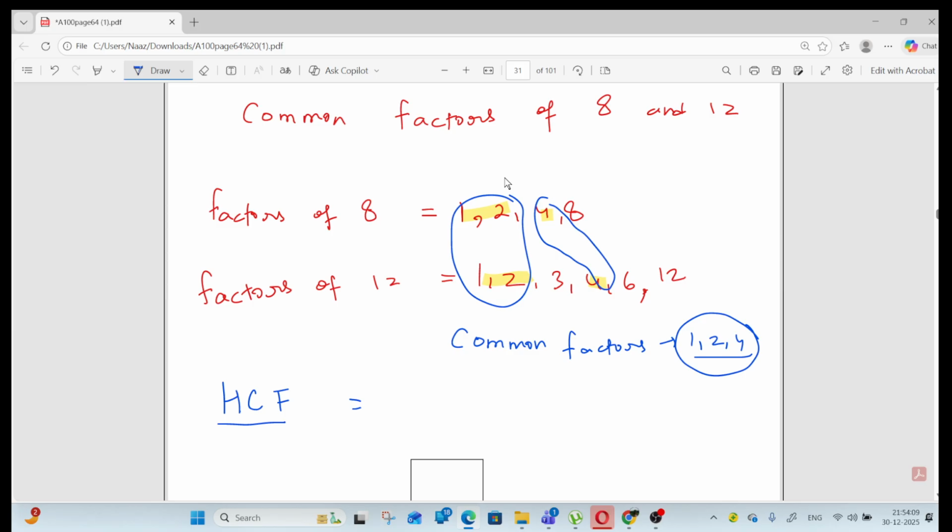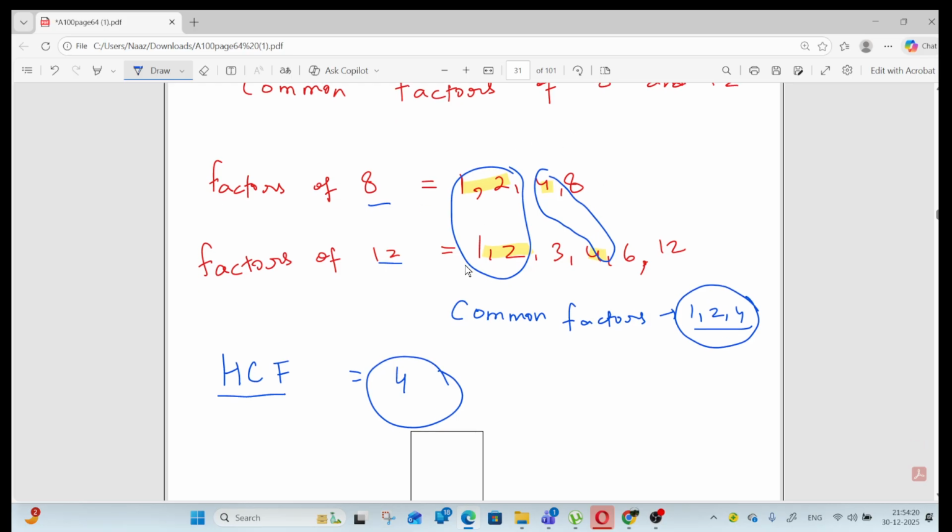What is the largest one? 4. So the HCF of 8 and 12 is 4. We just find the common factors, and the highest one is the HCF.